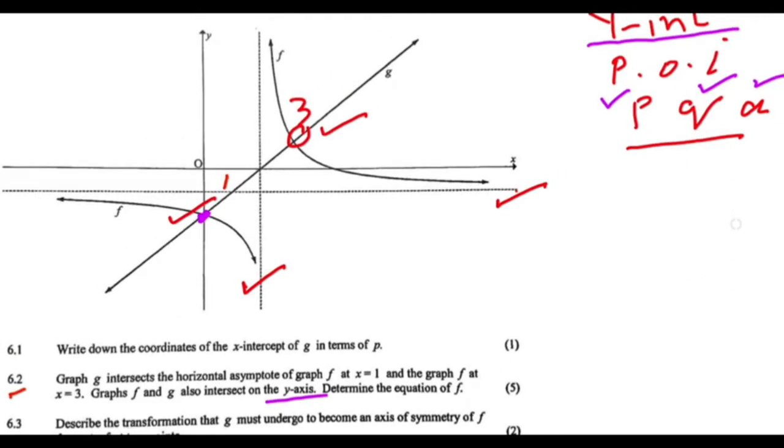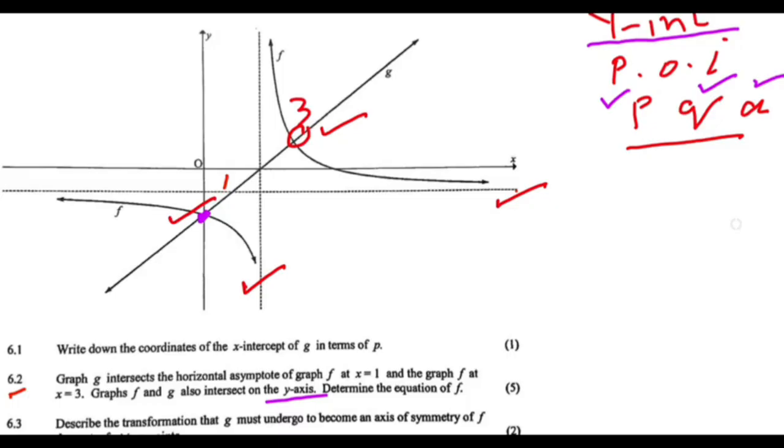We're not solving this graphically, we are solving according to the equation. We will substitute the relevant values into the equation to find the equation of the hyperbola.